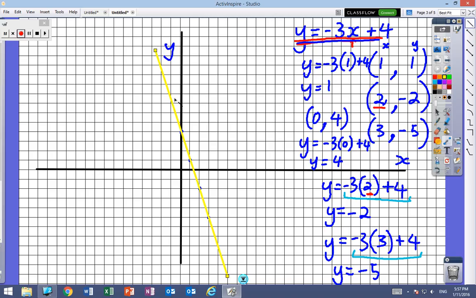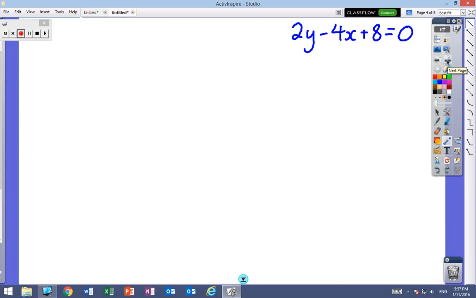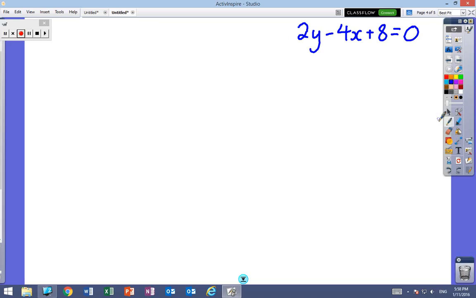You can spend your whole life plotting points. Wouldn't that be exciting? Okay, so here's another one. Remember, they can come at you in this form, can't they? You can try and plot it in that form if you like that kind of thing, but personally, I don't like it in this form, so I rearrange it first. That's what we started with. So I'm going to minus 8 from both sides.